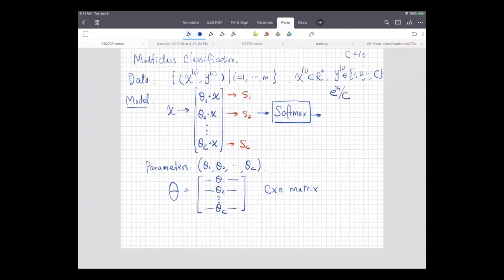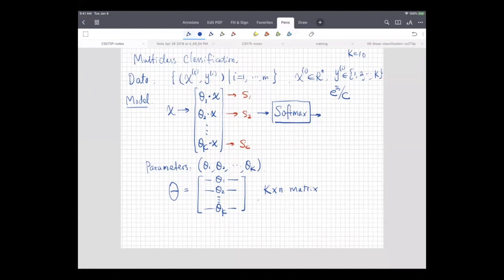Let me change notation here and use the same notation as last time. I use big K for the number of classes, so bigger K represents the number of classes.